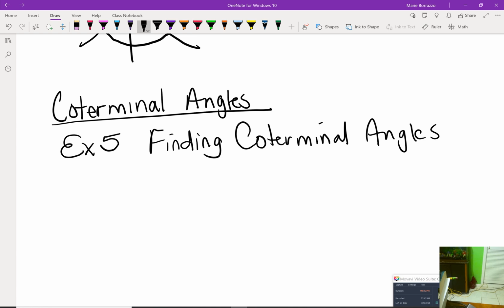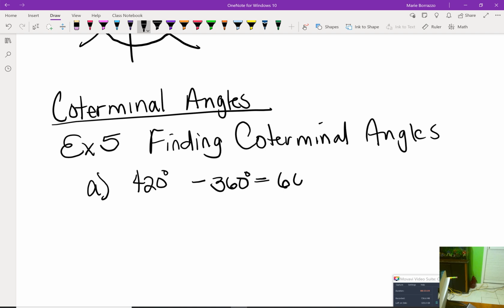In the first question, they want us to assume, first of all, that these are in standard position. And they want us to find a positive angle less than 360 given a 420 degree angle for part A. So what we're going to do is subtract 360 degrees.